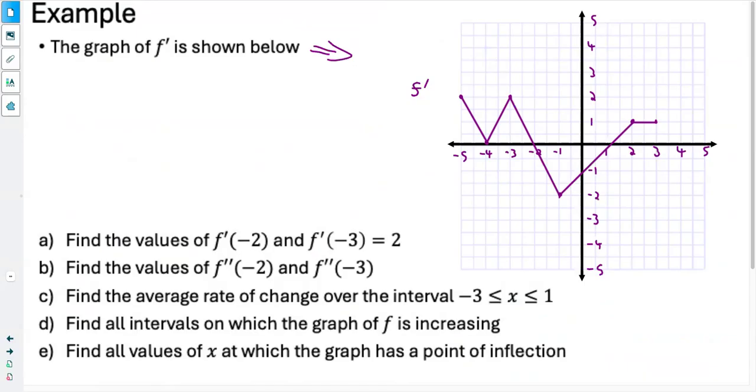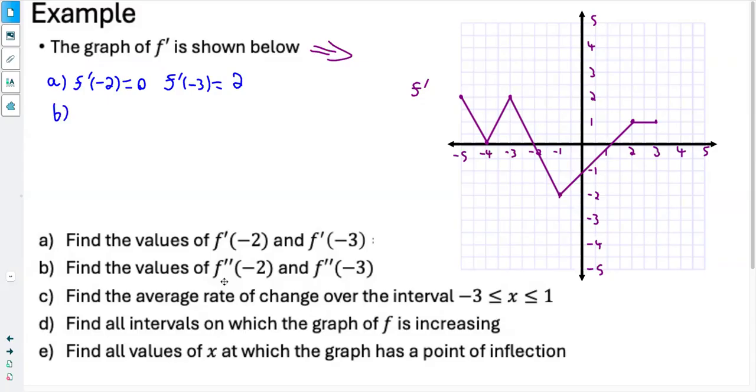If we have the value of f prime of negative 2, we just have to get that from our graph because this is our graph of f prime. So at negative 2, we're at 0. f prime of negative 3 would be at 2.